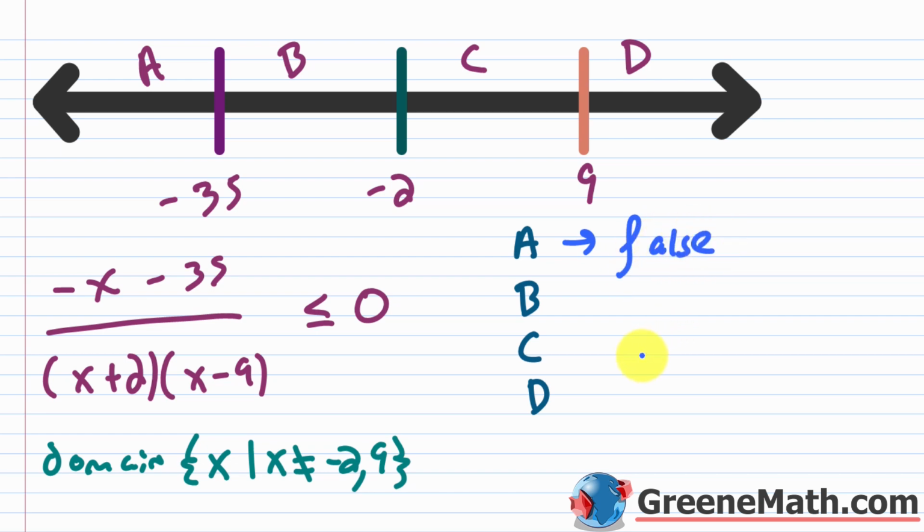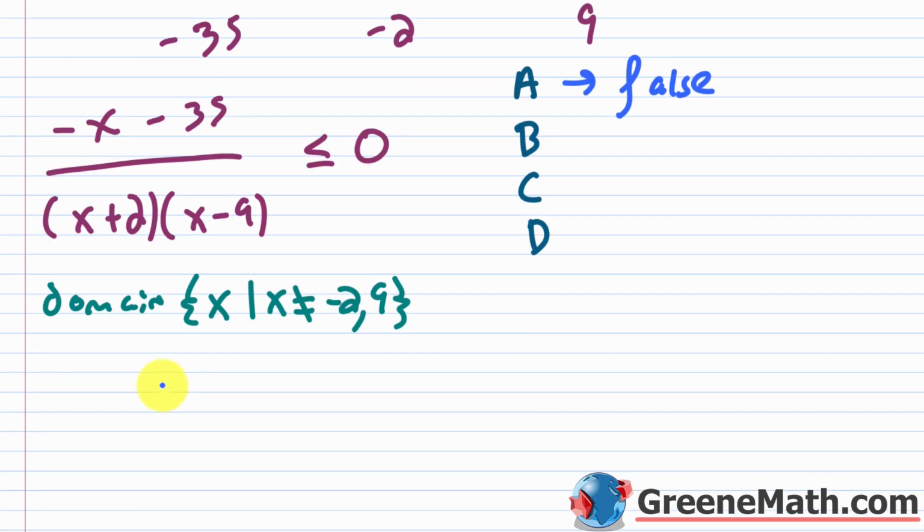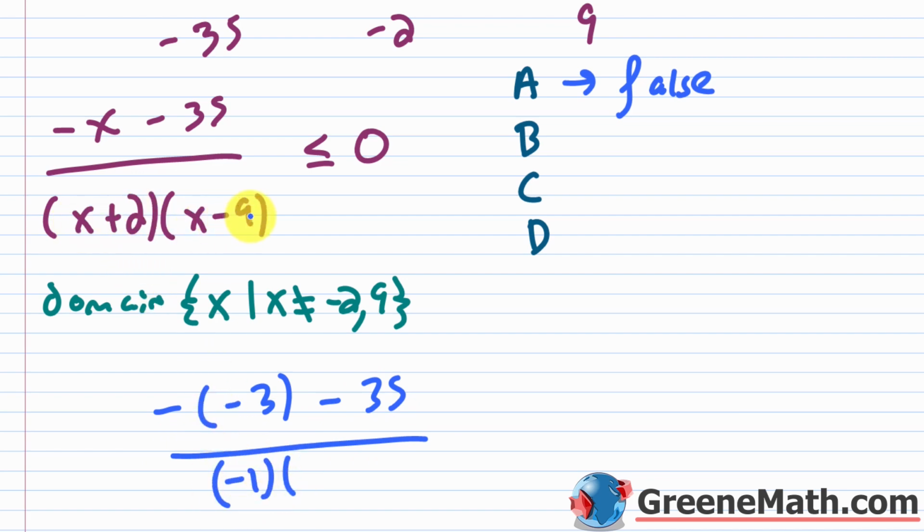And then for B, let's just pick something like negative 3. So we'll have the negative of negative 3, then minus 35, and this is over negative 3 plus 2, that's going to be negative 1, and then negative 3 minus 9 is negative 12. So we know that the negative of negative 3 is 3, and that 3 minus 35 is negative 32.